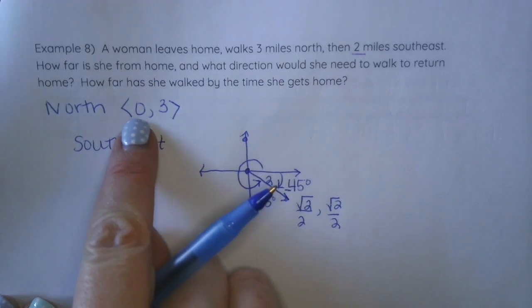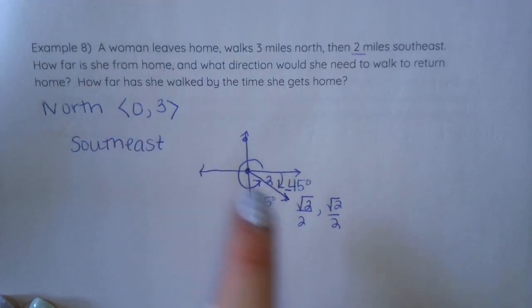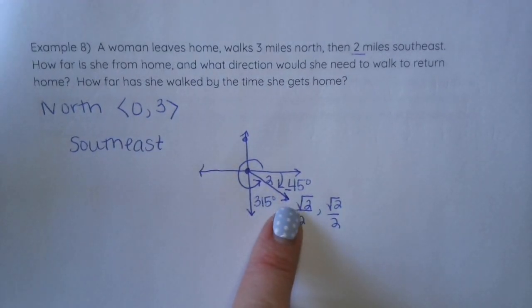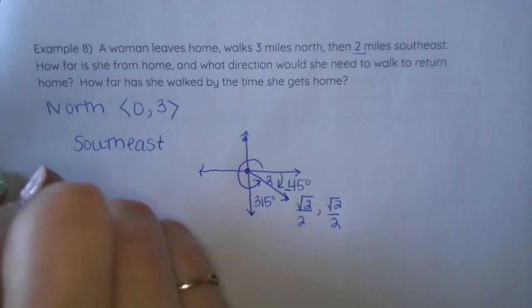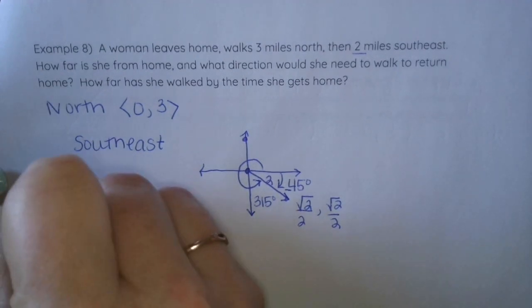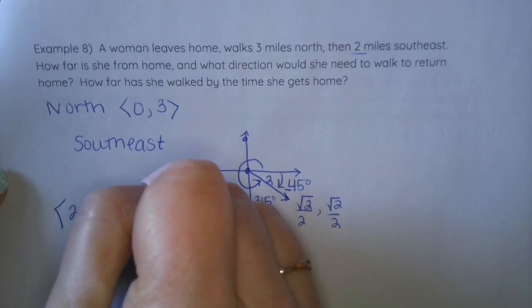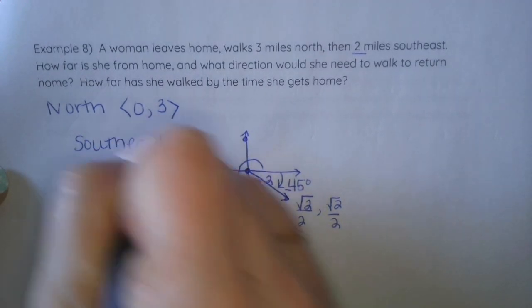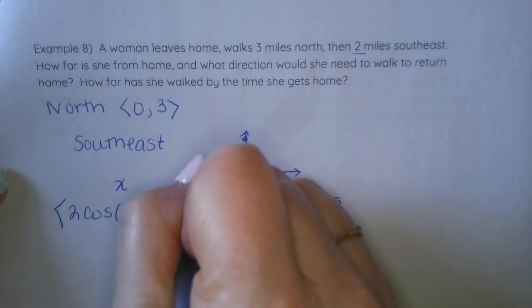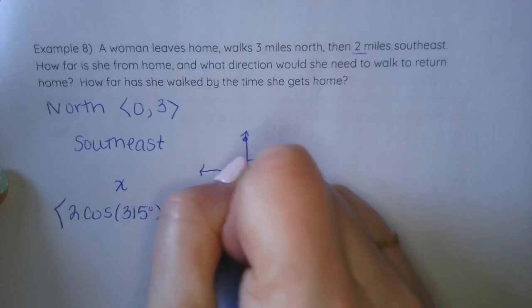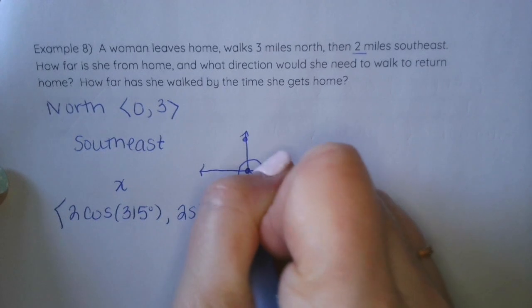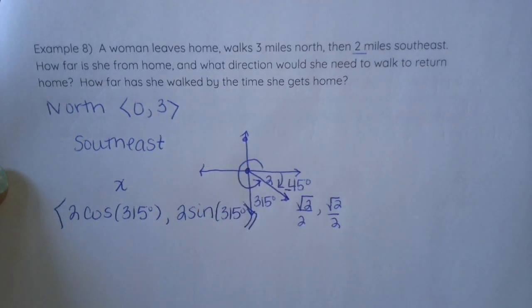In order to combine with the north one, I need this also to be in vector form. So I'm going to do that by saying 2 times cosine of 315 degrees is my x component, and our y component is 2 times sine of 315 degrees.